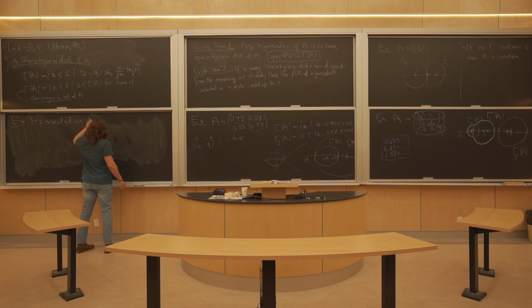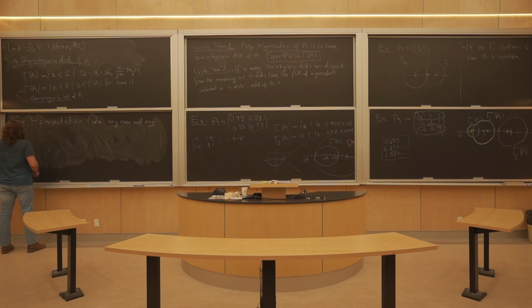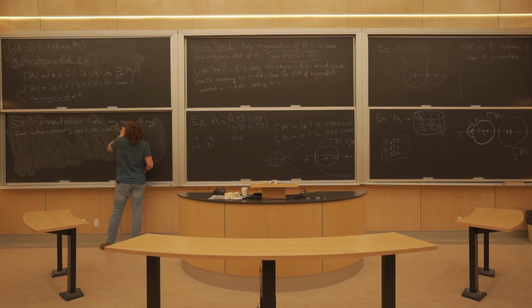Let me remind you: any row and any column contains exactly 1, and the rest is 0. Okay, so let's think about this.